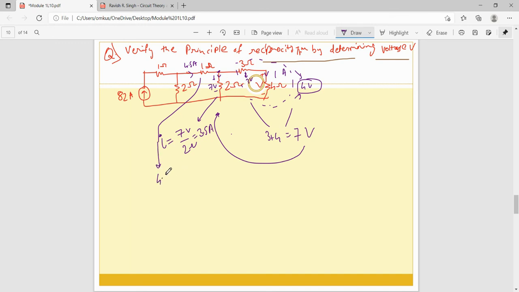It is 4.5 volt, right? So now see, this is 4.5 and this is 7 volt. What is the value of this? 7 plus 4.5 is 11.5 volt, right? 11.5 volt. So 11.5 volt is the voltage drop across this, right?